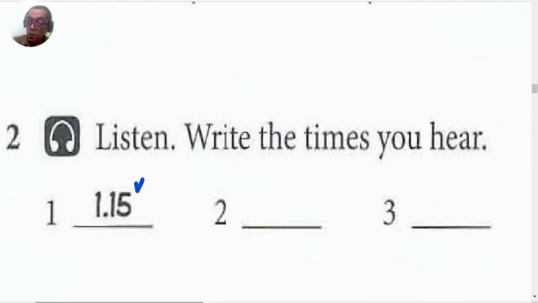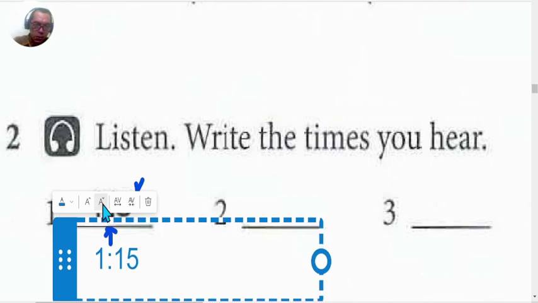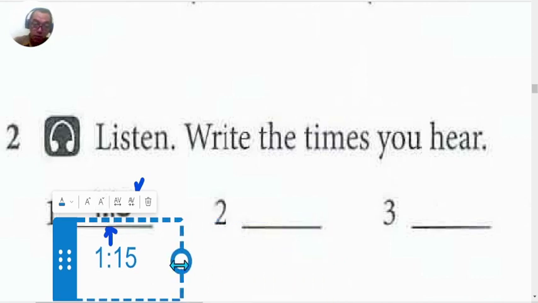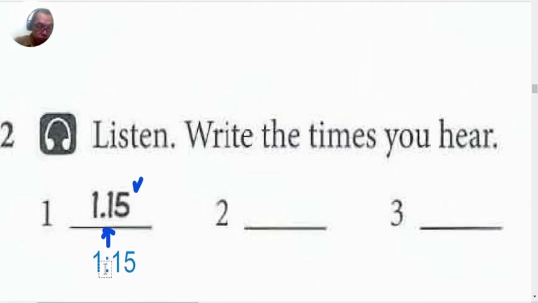Number 1 is 1:15. But in modern days, we don't recognize this dot anymore. I think today's time is more like this. This is today's clock. It's more like a colon here, there are 2 dots.